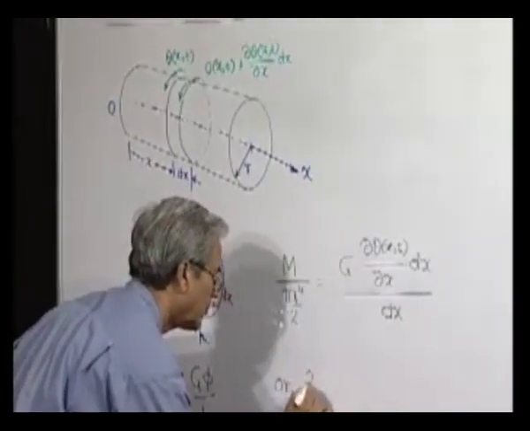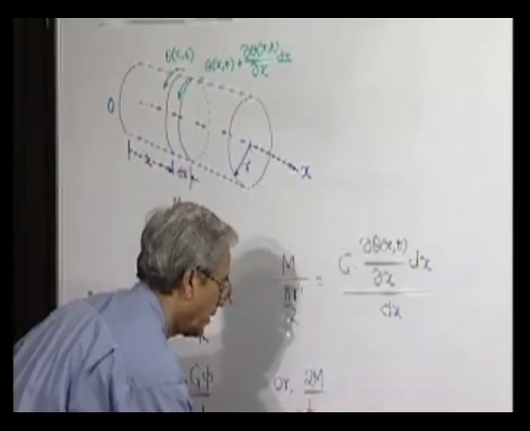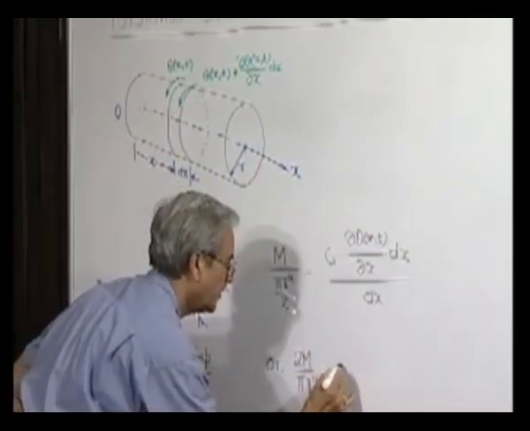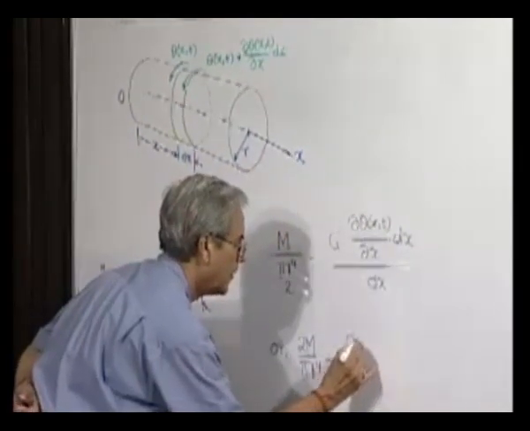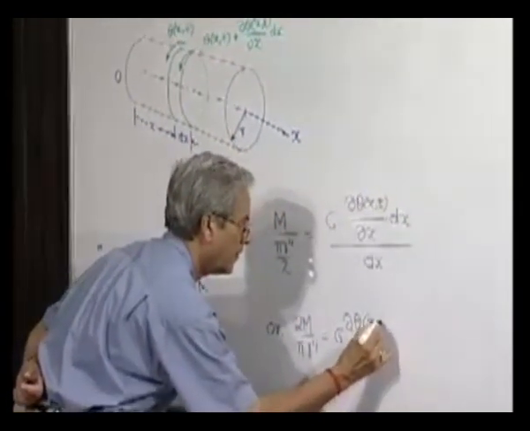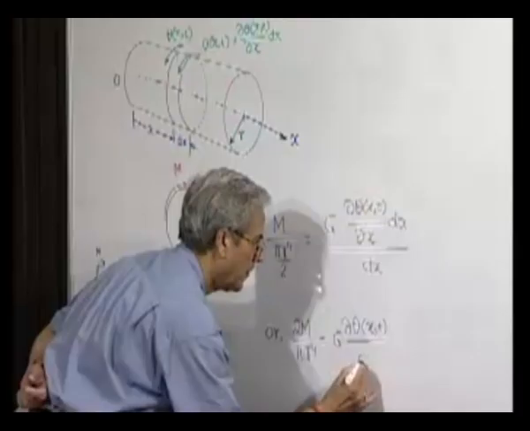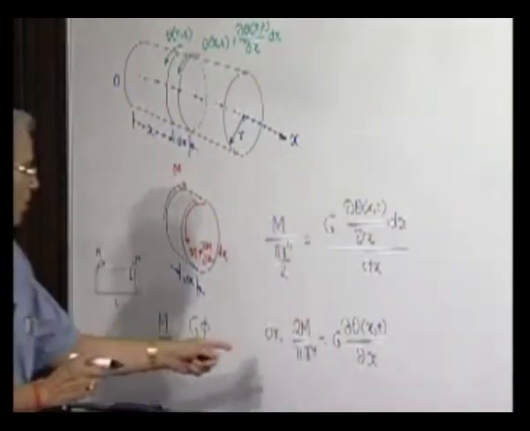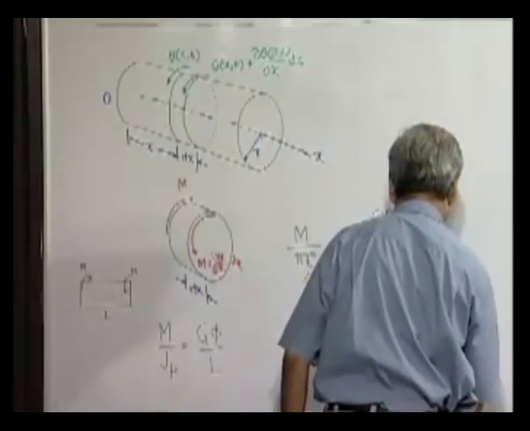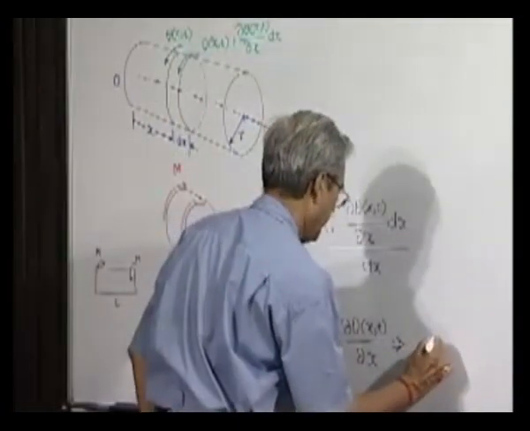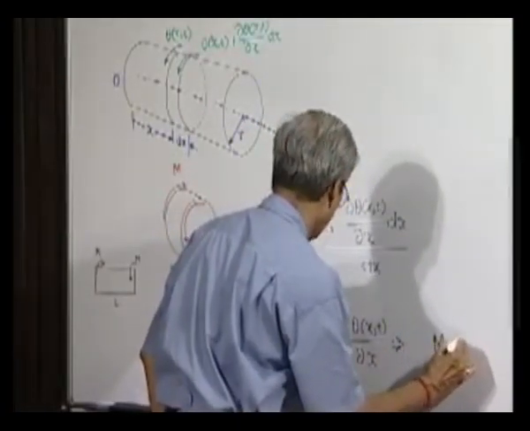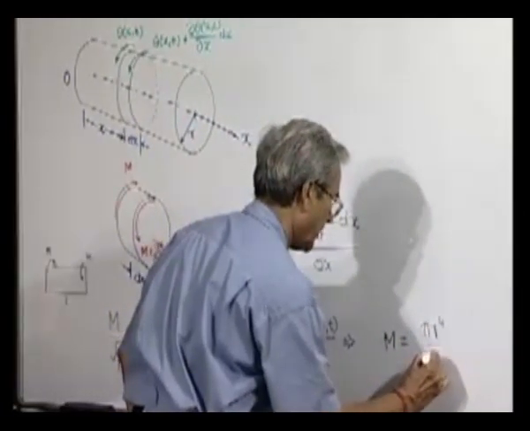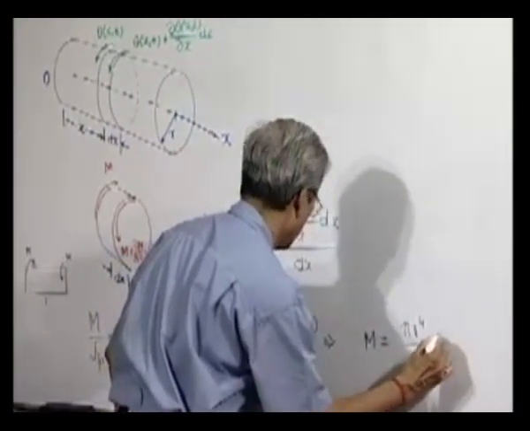So we get 2m by pi r to the power 4 equal to G times the twist per unit length, or from this we get m equal to pi r to the power 4 by 2 into G times the derivative of theta with respect to x.